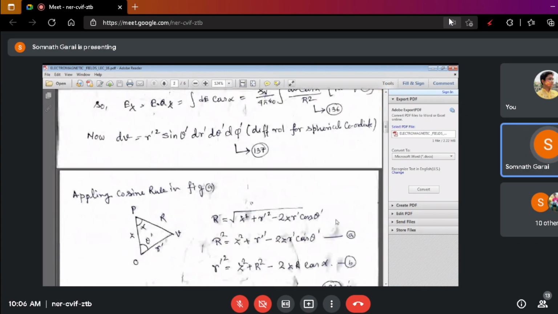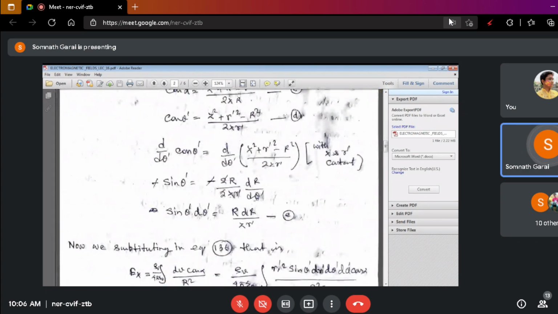That's why here we take z and small r dot as constants. Now, we differentiate with respect to capital R, so we can write d by dR of that into dR, d theta dot.